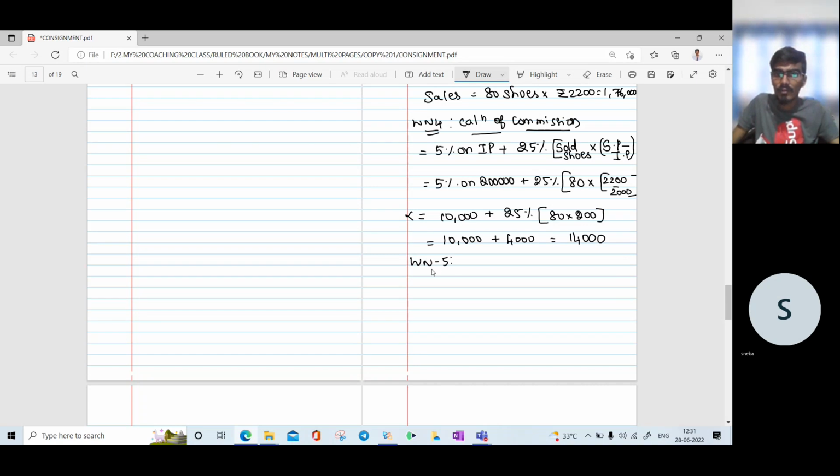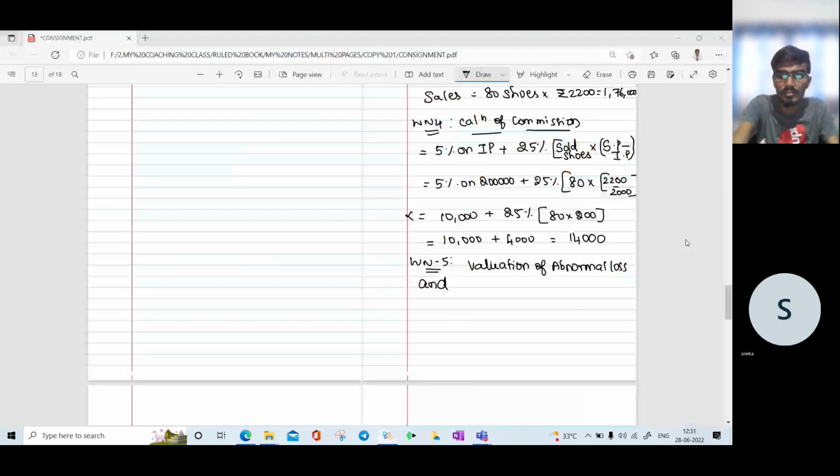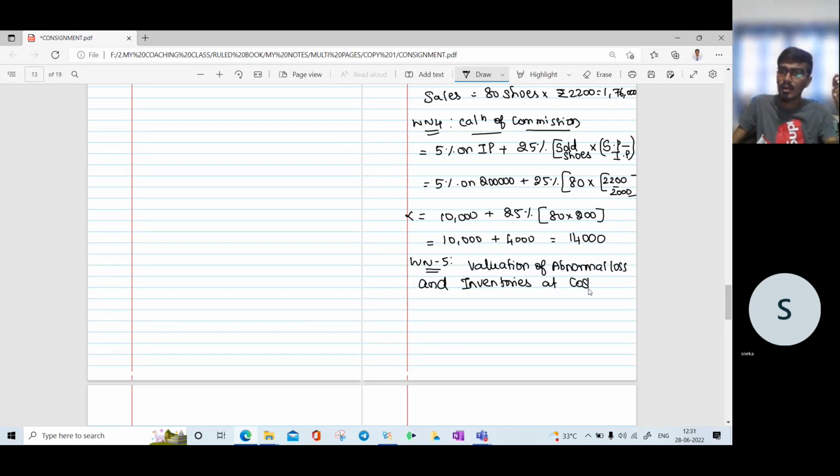Then we move on to valuation of abnormal loss. In this question we have abnormal loss and inventories, stock on consignment at cost.